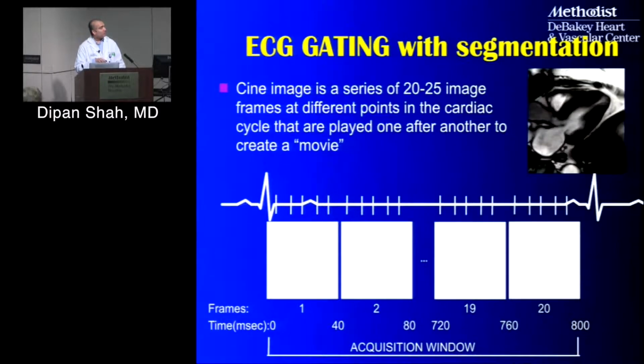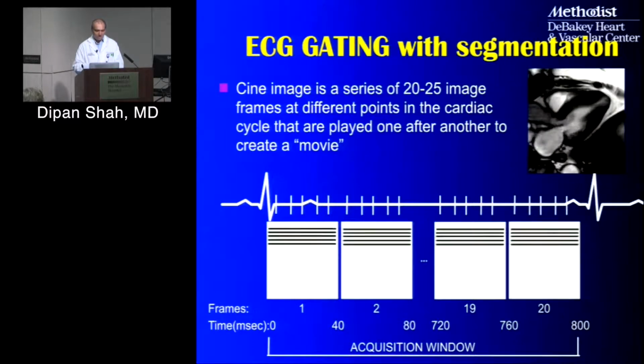So, as we talked about for a cine acquisition, I want to obtain multiple different frames. And we mentioned the fact that to get a high resolution image, MR cannot do that all within one cardiac cycle. So what I'm going to actually do is take this first cardiac cycle and break it up into, let's say, 20 different phases or 20 different frames, so that the first 40 milliseconds of lines of data go to image 1, the second 40 milliseconds go to image 2, and on through the entire cardiac cycle.